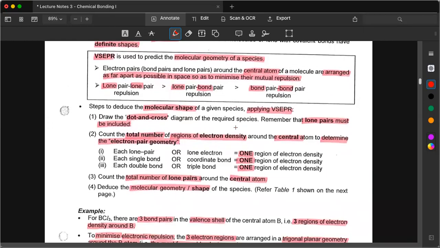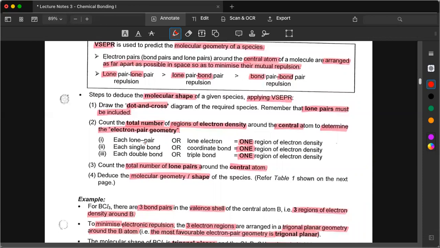Now, what are the steps involved? Applying VSEPR, draw the dot and cross diagram of the species, and remember to include the lone pairs because we want to see if there's any lone pair repulsion. Count the total number of regions of electron density around the central atom to determine the electron pair geometry.